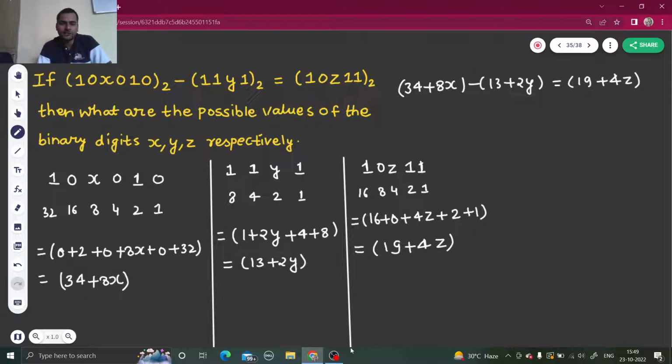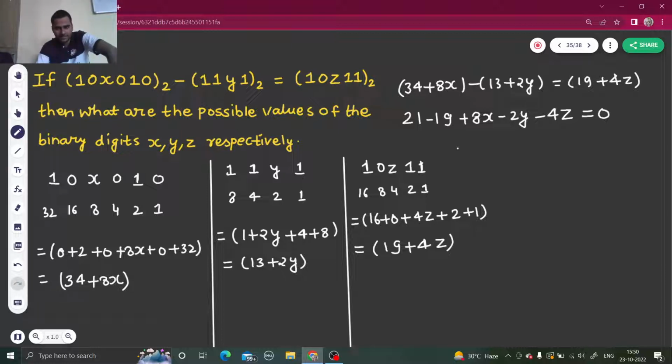So 34 minus 10 is 24, minus 3 is 21, and that 19 plus 8x minus 2y minus 4z, this equals to 0.